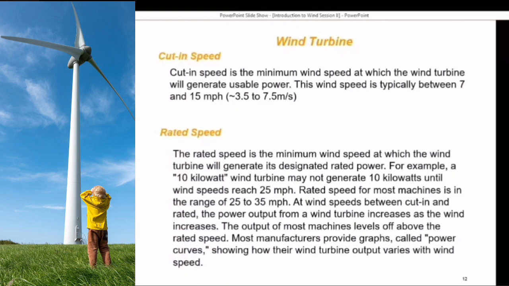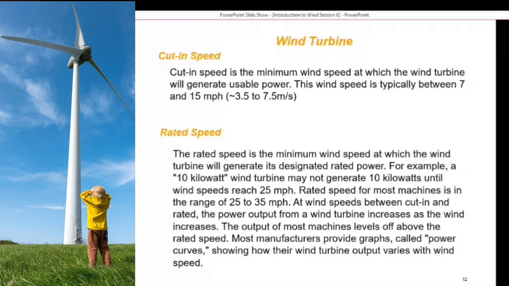And we have wind speeds which can help in generation. So rated speed is normal when we talk about the rated value. It means when we can produce at maximum. The rated speed is the minimum wind speed at which the wind turbine will generate its designed rated power.